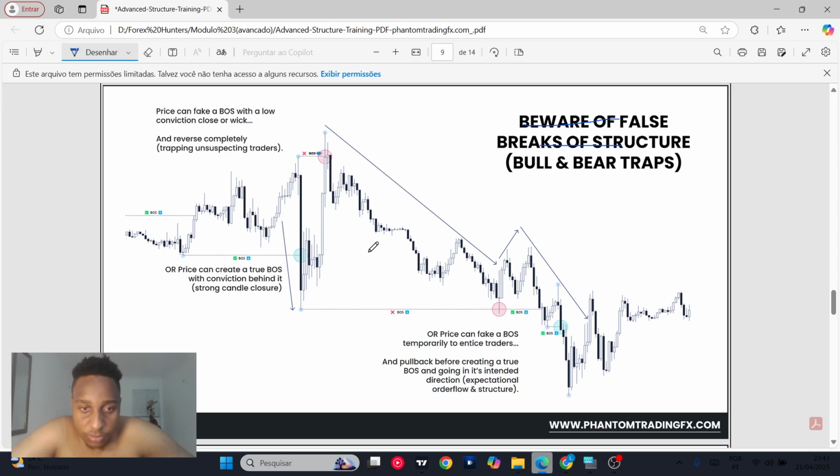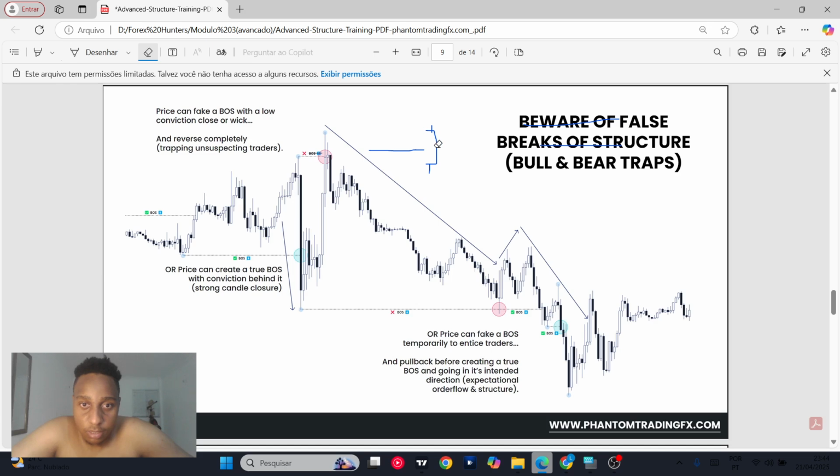For a break of structure, basically price needs to close beyond the structure. For example, this is our structural line. We need a close in a full body candle. Let me delete this just to show it to you guys.